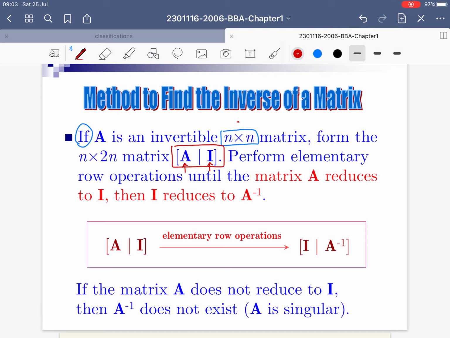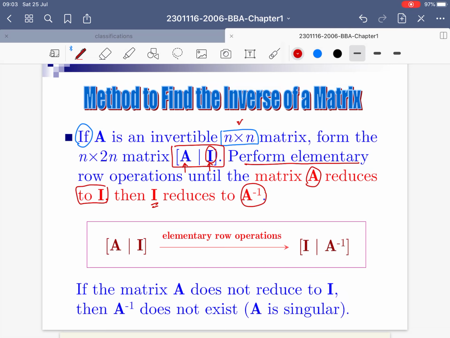So if your A is n by n, your I is also the n by n identity. And you are going to perform elementary operations until the matrix A is reduced to I, and that I on the back will become your A inverse.